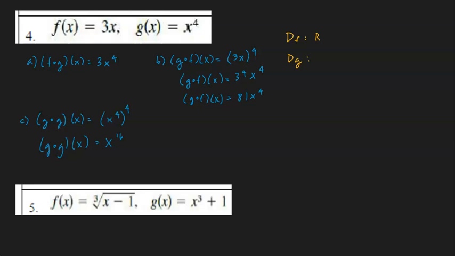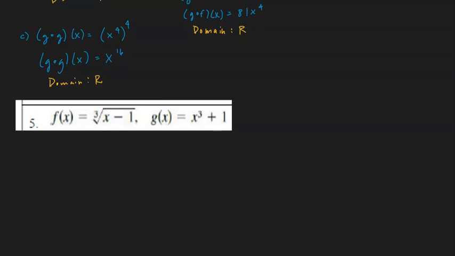It's going to look like a parabola, but anything could be x. You can put anything for x, so that's going to be all real numbers. So the composite function's domain is going to be all reals. The domain of this is going to be all reals, and the domain of this is going to be all reals. Okay? Good job.